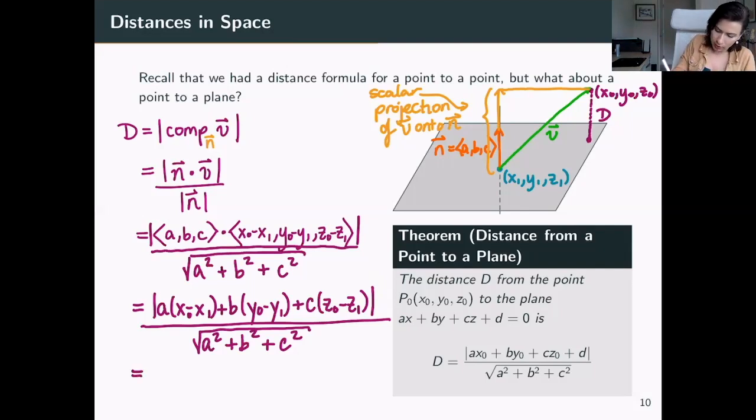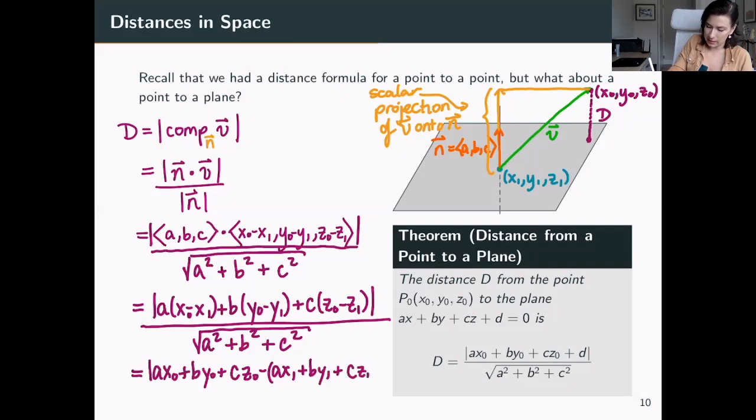So if we do that, on the top we get the absolute value of x0 times a plus b y0 plus c z0 minus a x1 plus b y1 plus c z1, divided by the square root of a squared plus b squared plus c squared.